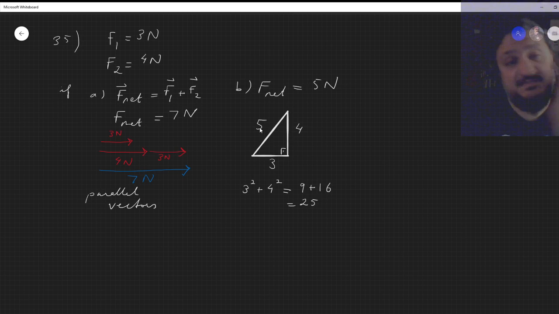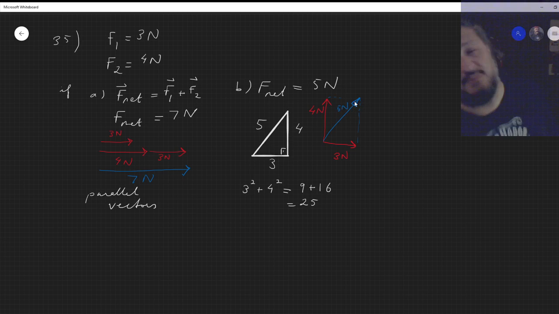So, if these two vectors, F1 and F2, are perpendicular, 3 newtons, and then you have 4 newtons. Their sum, let's use the parallelogram, which becomes just a rectangle, and then the diagonal shows me the sum, right? This is 5 newtons, of course.